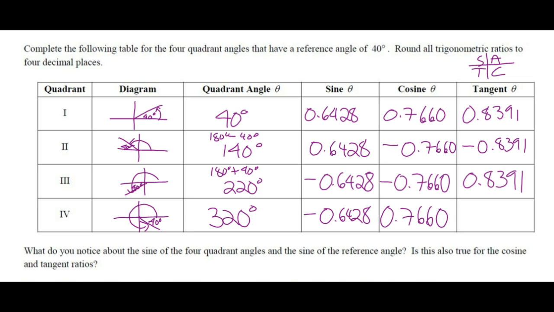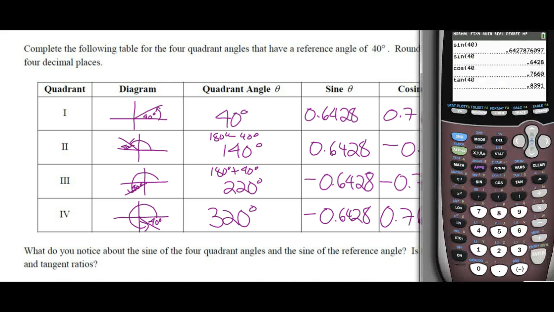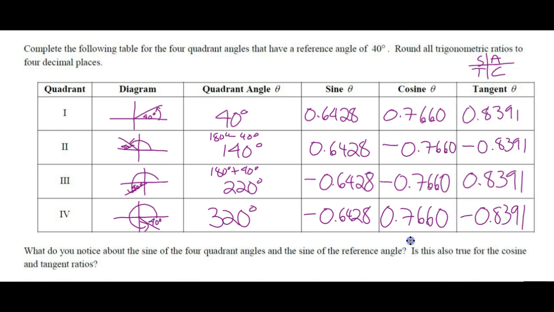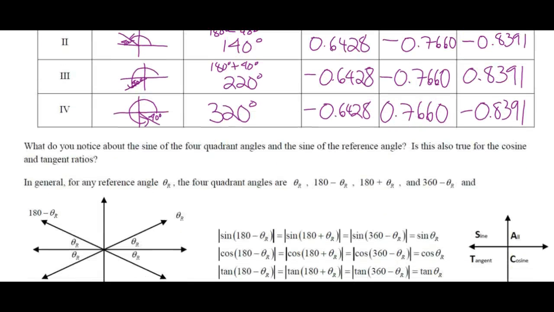What's the tangent of 320? Now that's the exact same thing as the CAST rule. If I go sine of 320, negative 0.6428, same as sine 40. The calculator will do this for us as well. It'll put the appropriate sign on there.